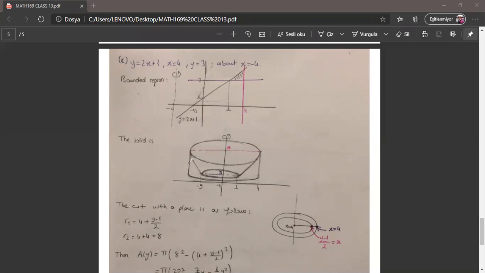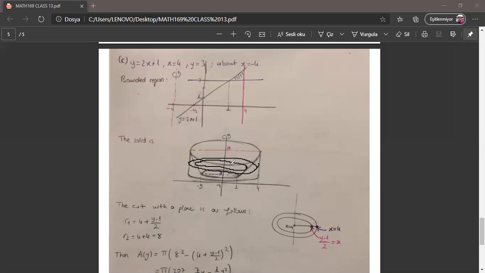So if we cut it, the inside circle is a little hard to draw. Suppose it's a circle, so the cut will look like this.